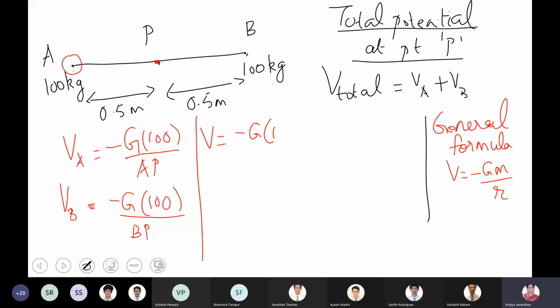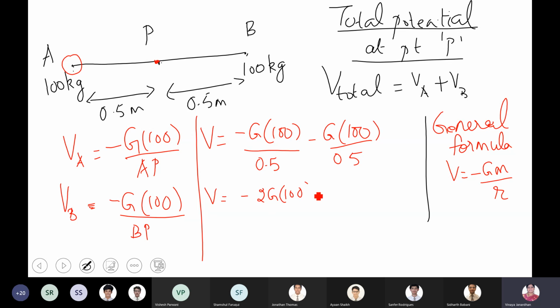Minus G into 100 divided by 0.5, minus G into 100 divided by 0.5. So V is equal to minus 2G into 100 divided by 0.5. So I can write 2 into 100,000 G because I'm making this a whole number. So V becomes equal to negative sign, minus 400 G.